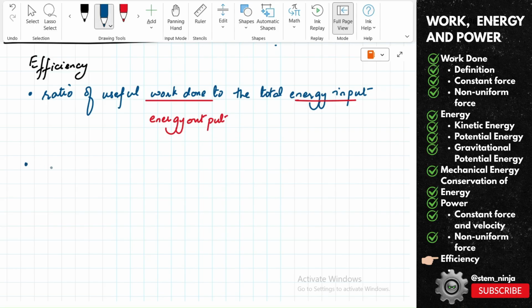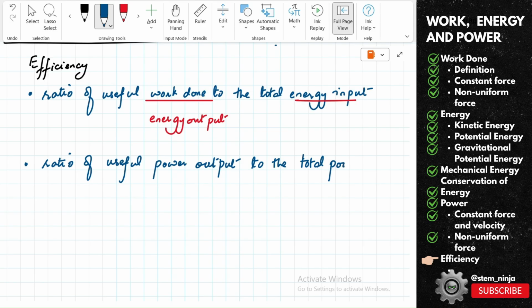However, the same efficiency could also be written in terms of power also. So ratio of useful power output to the total power input. Okay.